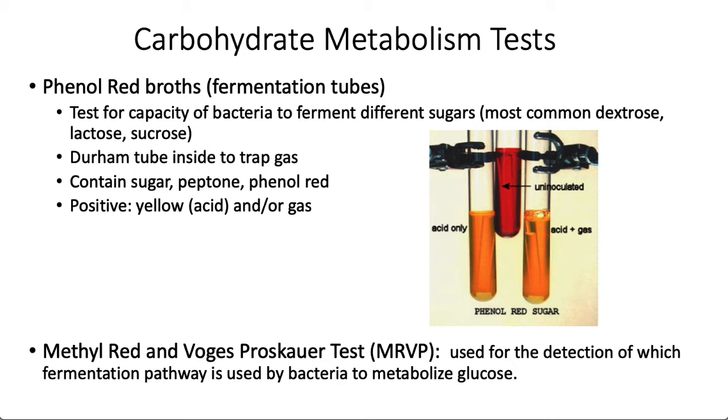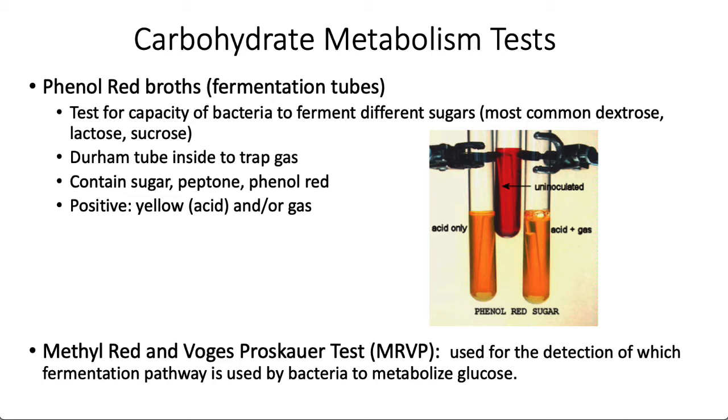And peptone is a protein digest, and there are bacteria that are unable to ferment. An example of that would be, for example, Pseudomonas. Pseudomonas aeruginosa is a very common and very nasty bacterium, one example.